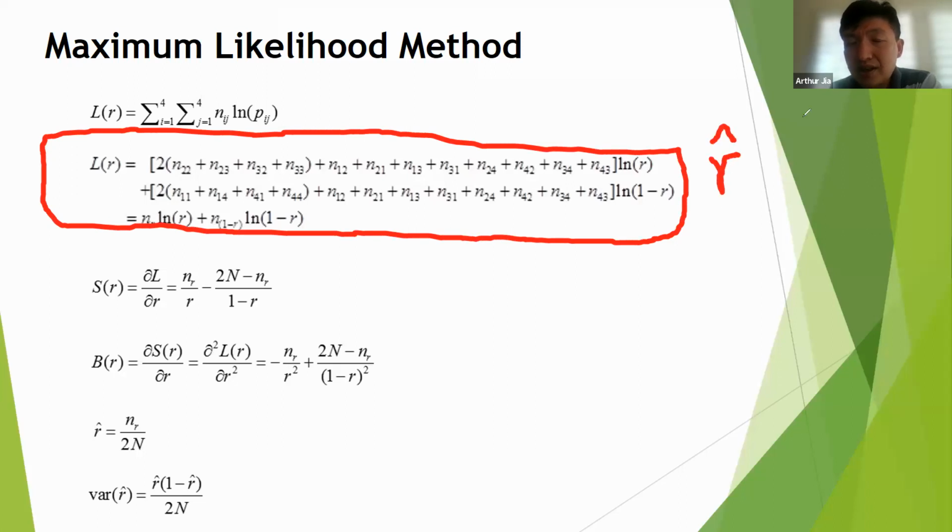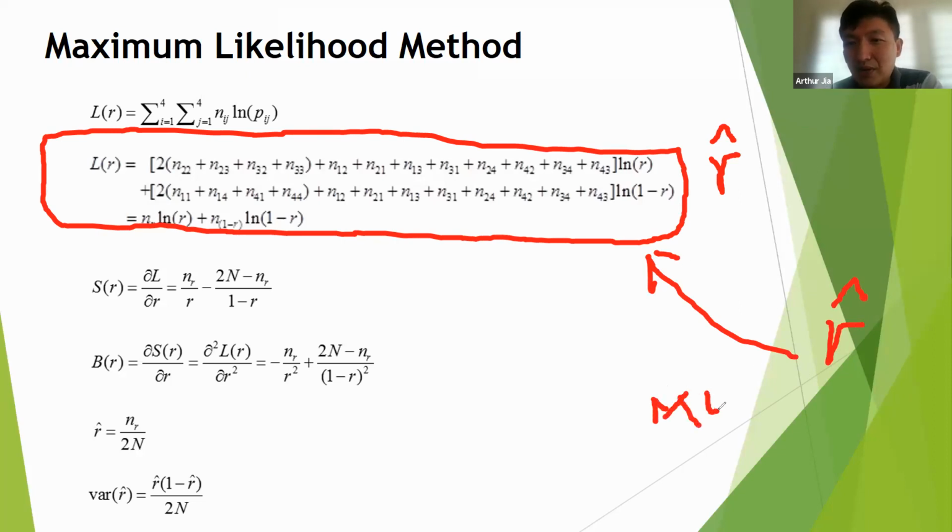We want to identify the optimal R, which can maximize this log likelihood function, because only the correct R estimation will give you the maximum probability of showing this data, right? Does that make sense?